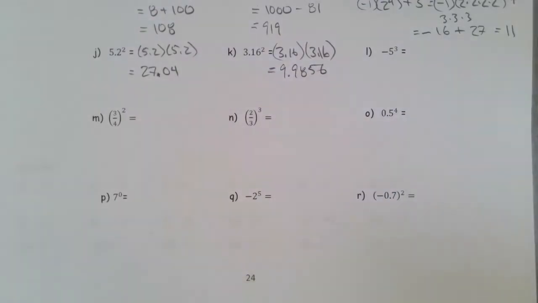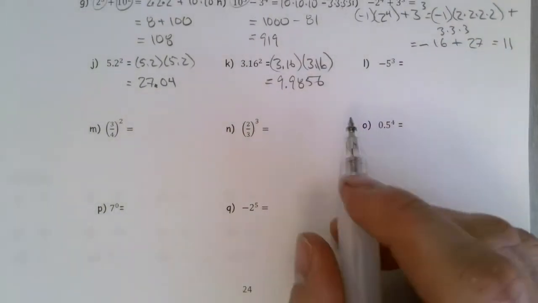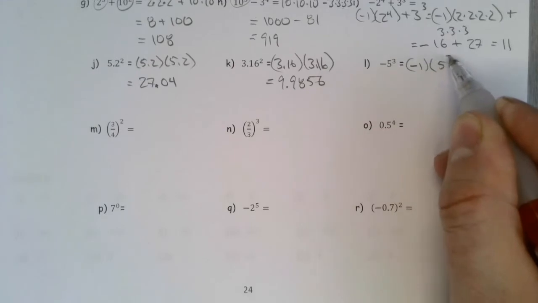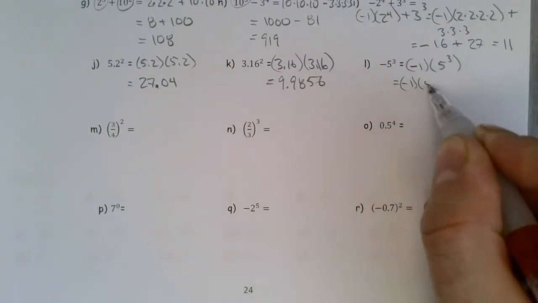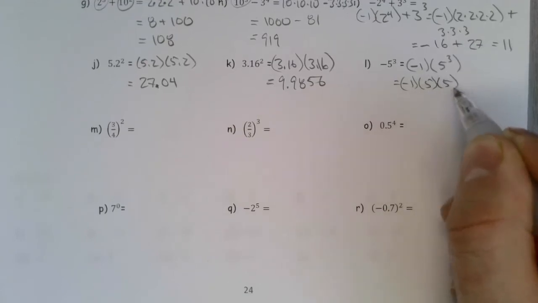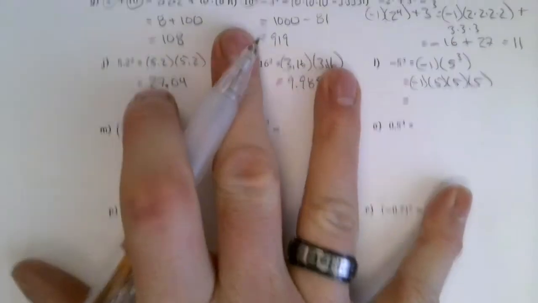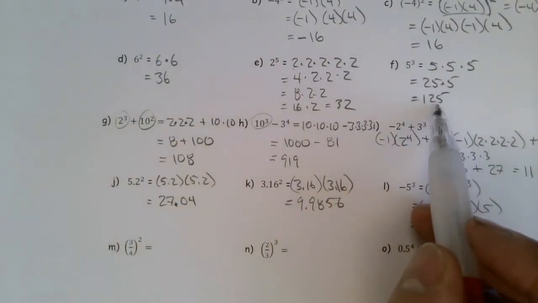Negative 5 cubed, but this is a little bit different. This is like negative 1 multiplied by 5 to the power of 3. So negative 1 multiplied by 5 multiplied by 5 multiplied by 5. Now, I already did that one. 5 to the power of 3 up here was 125.